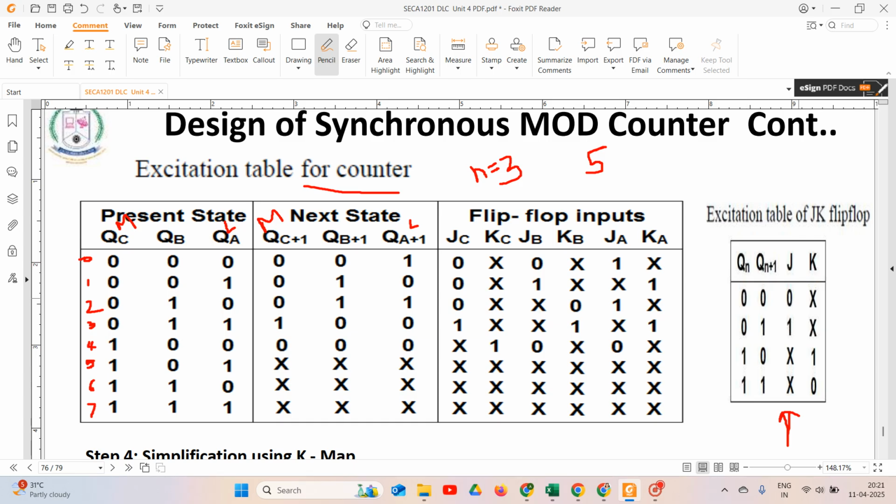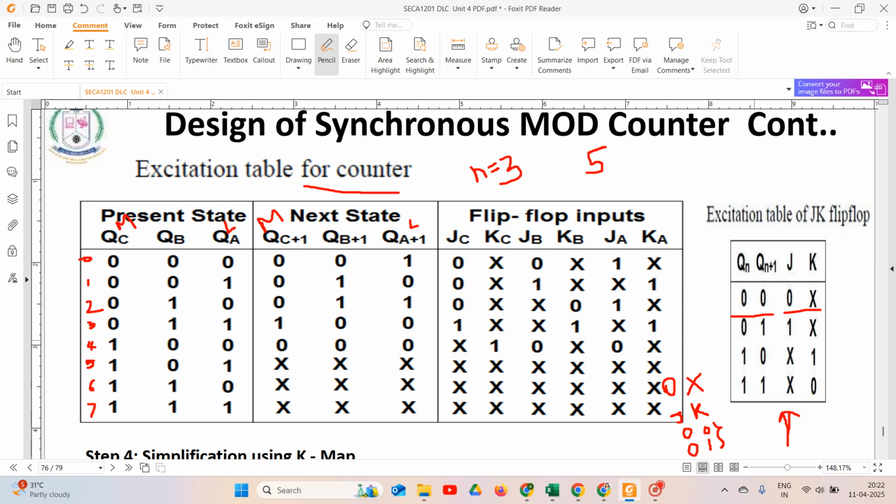This is my J, this is my K. In this condition my output doesn't change, so it retains the present state and the next state is also 0. One more condition is 0 1, which is the reset state. So this one we have written as 0, and we can write the other as don't care. That is my input condition.